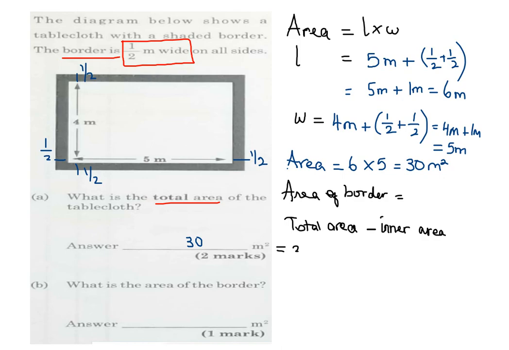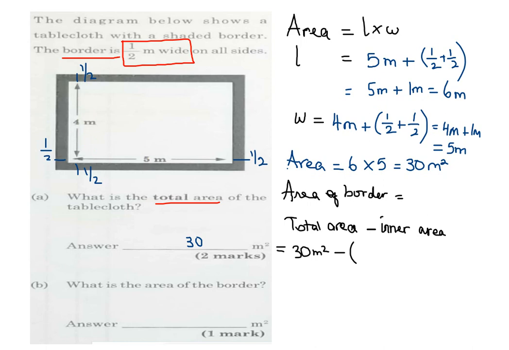We know our total area is 30 meters squared. And now we need to find the inner area. The inner area is the area of this rectangle that we have on the inside here, which is the 5 meters long, 4 meters wide area. So again, another rectangle. We're just going to multiply the length by the width.